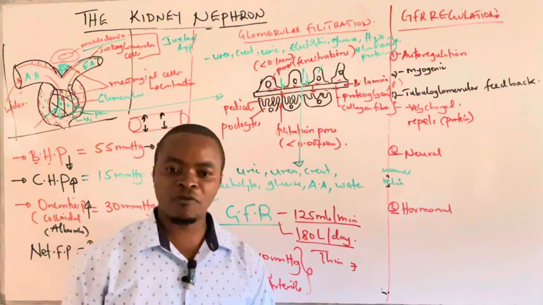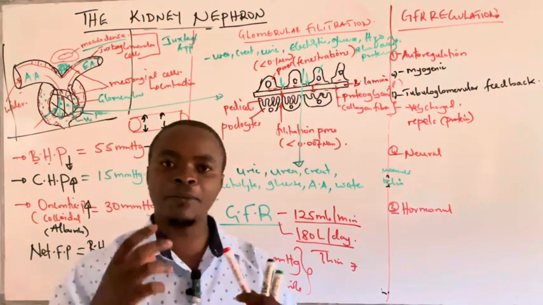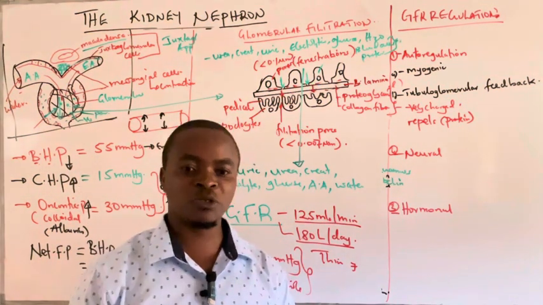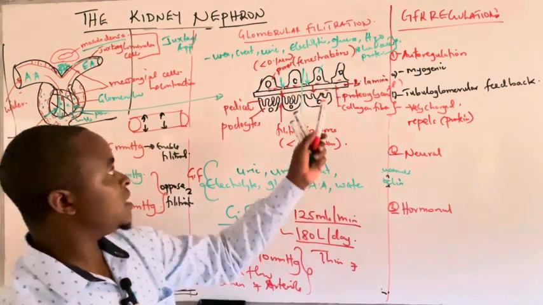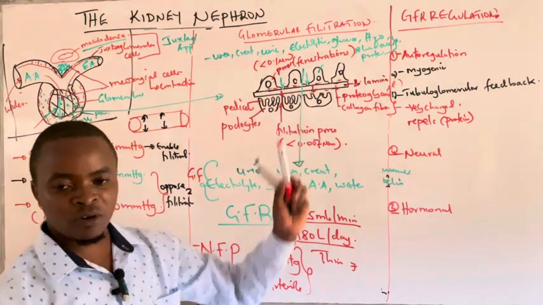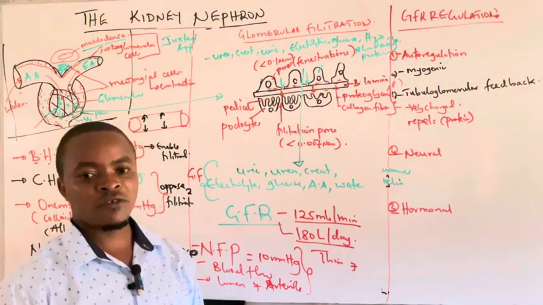We said they are made up of simple squamous cells, which enable easier filtration because they contain the fenestrations, the basal lamina, and the podocytes.